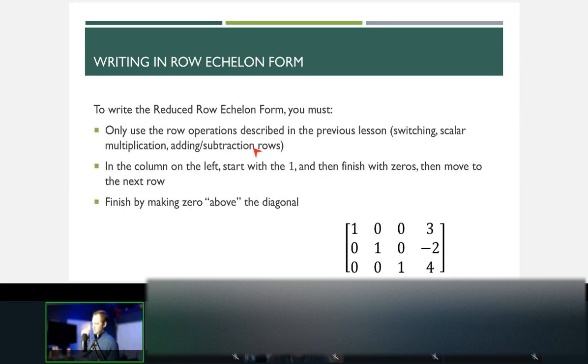Everything we did on Friday, those 3 operations, are the only 3 things we can do. Second, in the column on the left, start with the 1 and then finish with zeros, then move to the next row. I think I pulled this from the module. And then finish by making zeros above the diagonal.